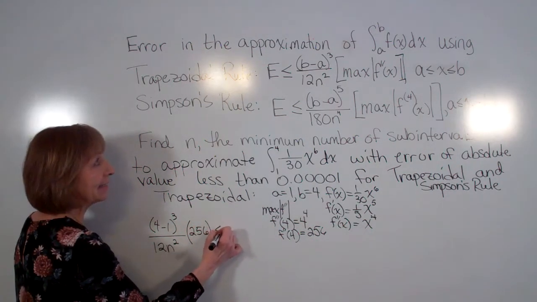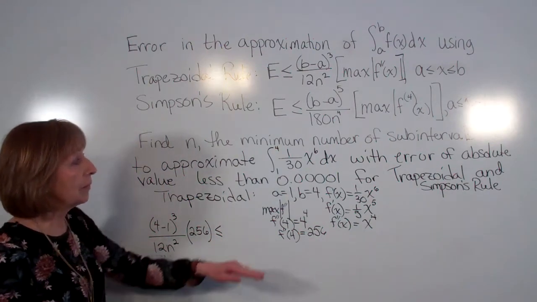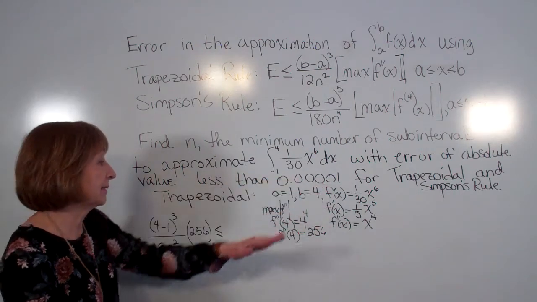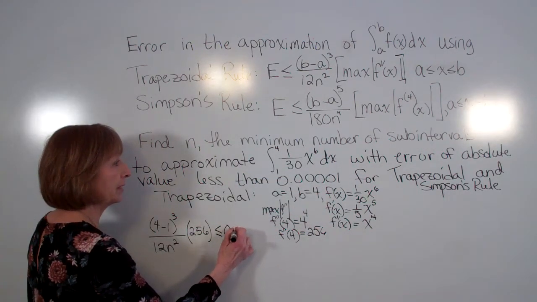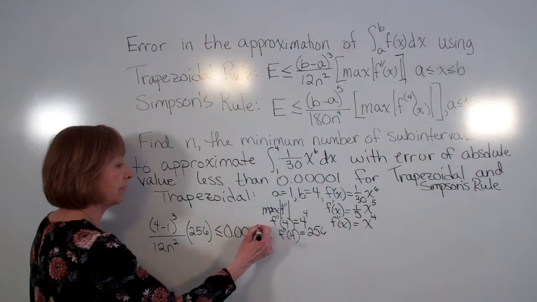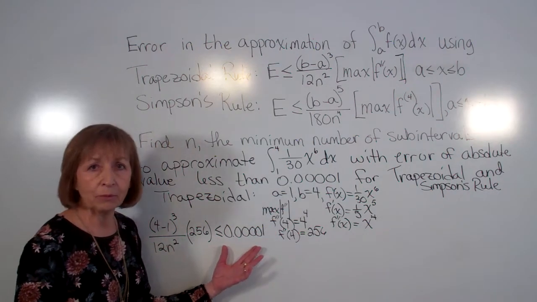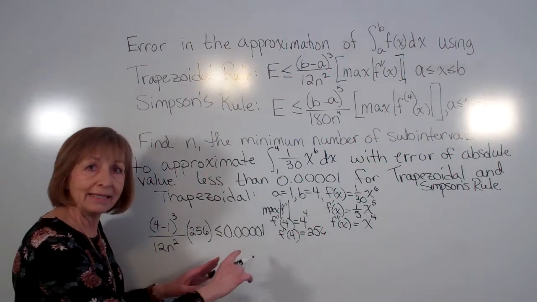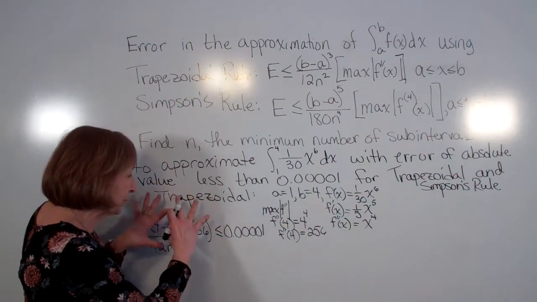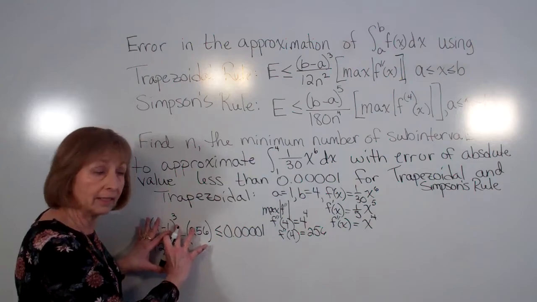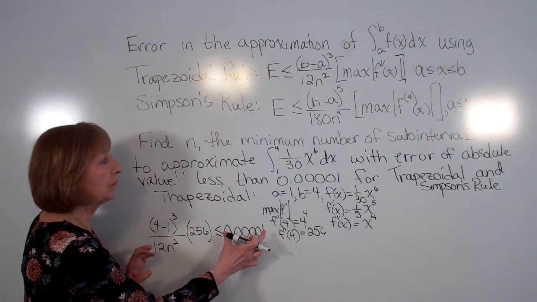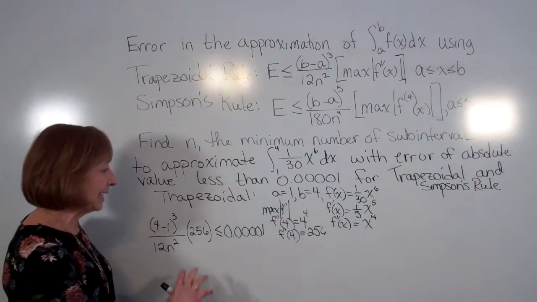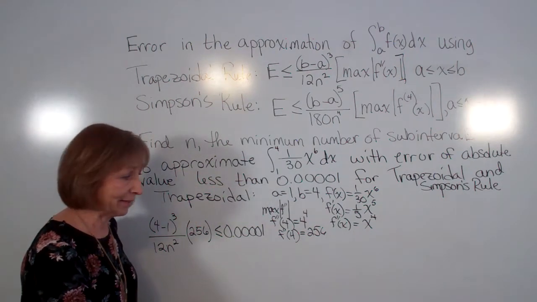And that is less than or equal to my error value, 0.00001. I remember when I was first doing these, I would get mixed up on what side I needed to have. You need the error formula less than or equal to what they want it to be less than or equal to.